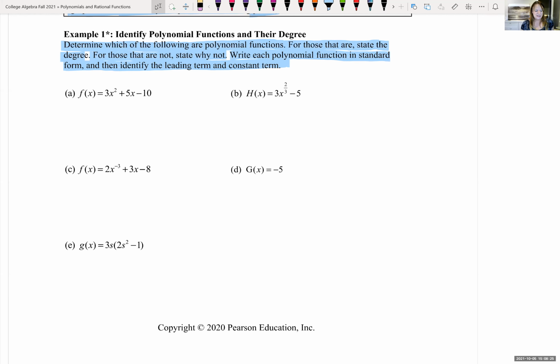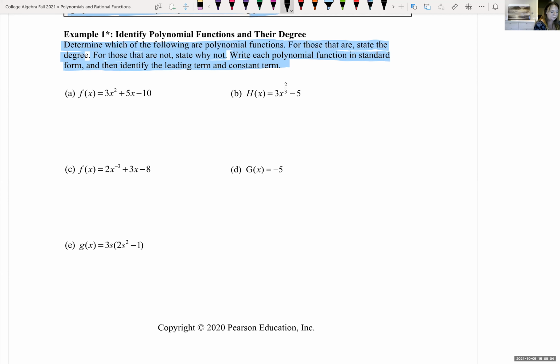Okay, so looking at this, we had 3x squared plus 5x minus 10, descending order of powers. If I look at my exponents, the exponent on that first term is 2 and 1 in the middle term. So it follows by definition that those are positive integer exponents. And it's in descending order of powers, and so this is already in standard form.